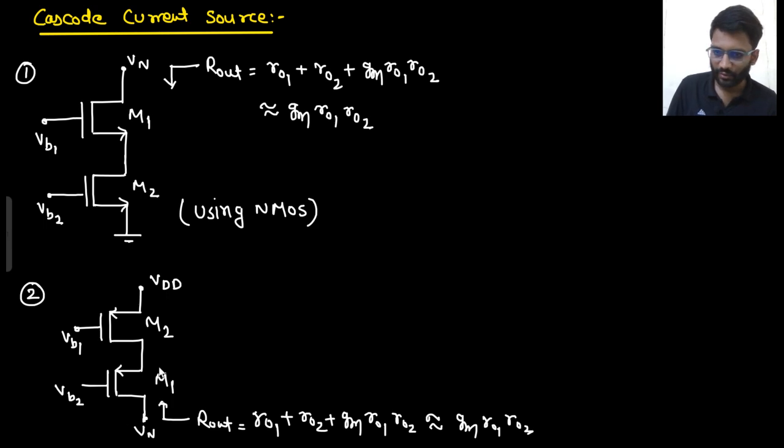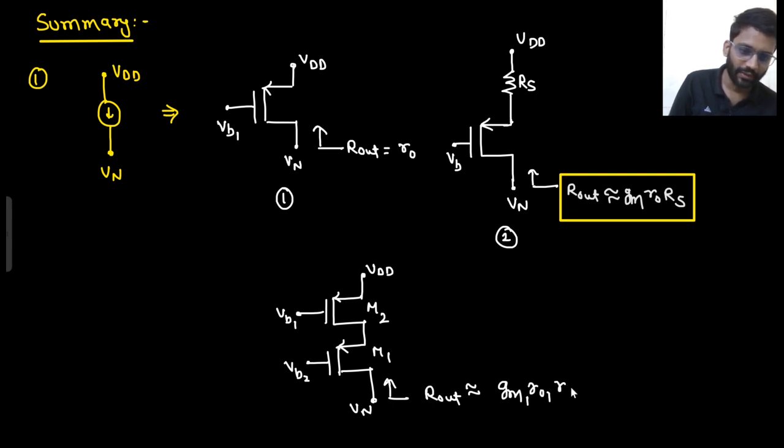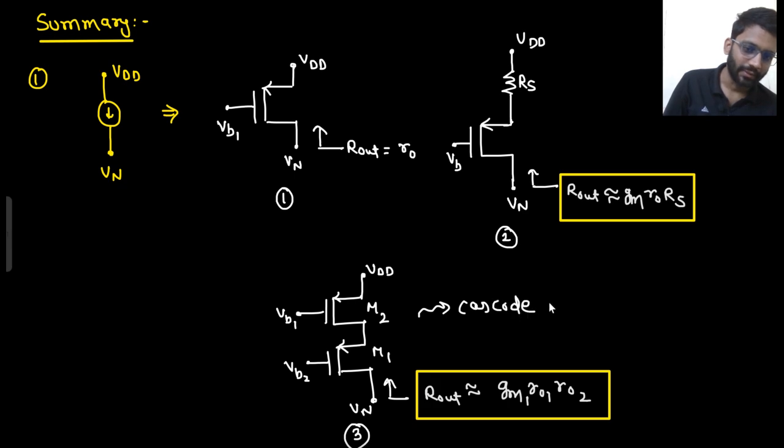Here also GM we need to write. This is GM1. So R out would be GM1 R01, and this will be replaced with R02. Right? So these were the three methods we studied, and this one is given a name, that is Cascode current source.